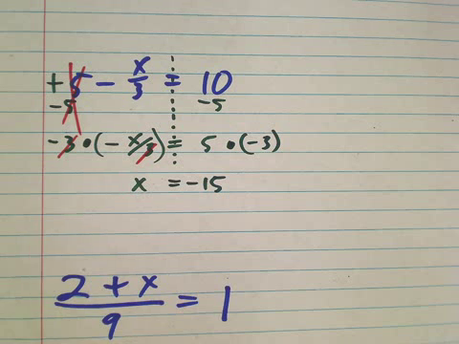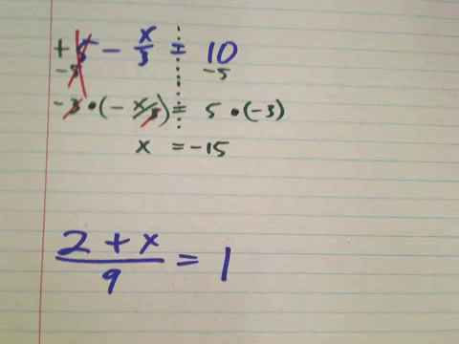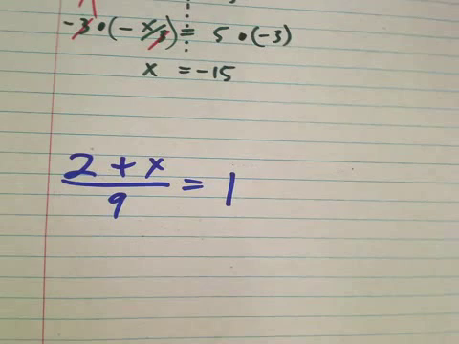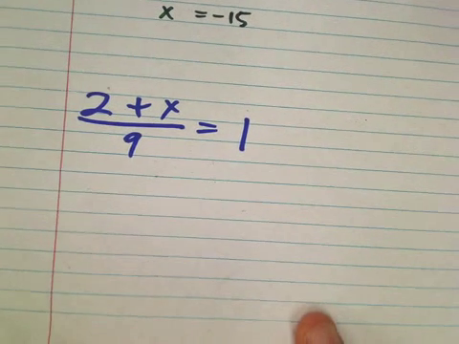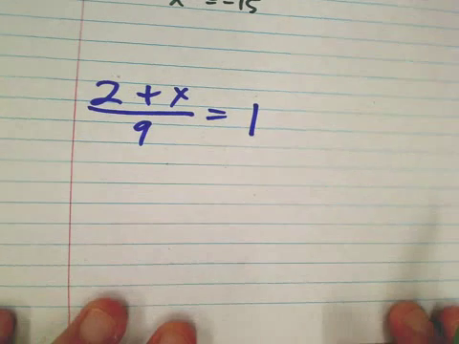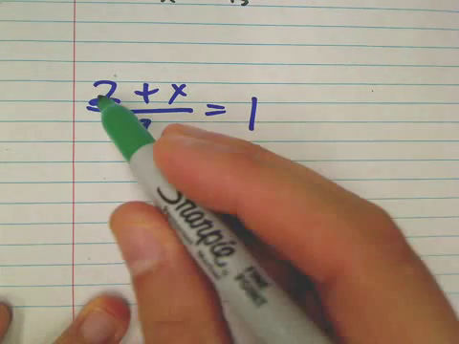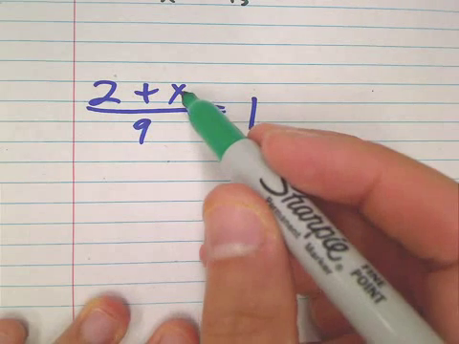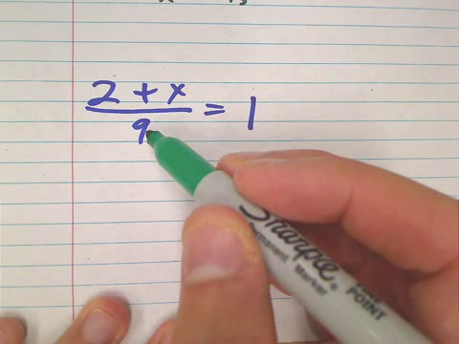Okay, so let's look at one more kind. And this is one where it's a little different. Because we're in a fraction here, the order of operations gets changed, so the opposite of the order of operations gets changed. Okay, if I took this and did the order of operations, I would do 2 plus x first, and whatever x is, and then I divide that by 9.